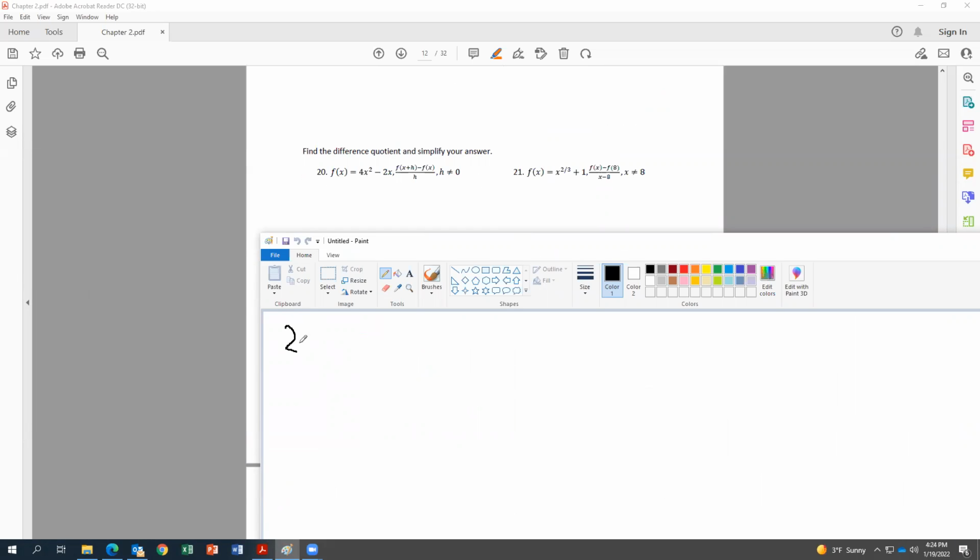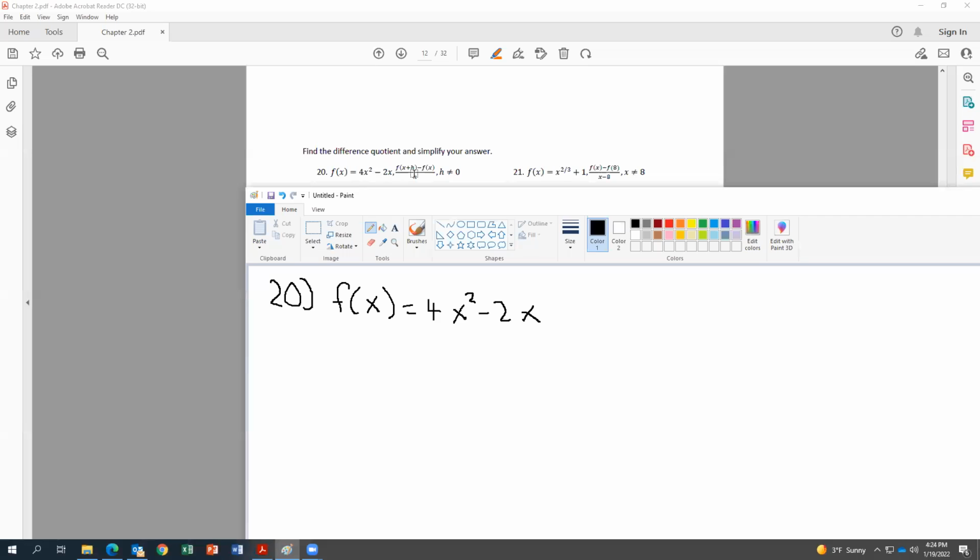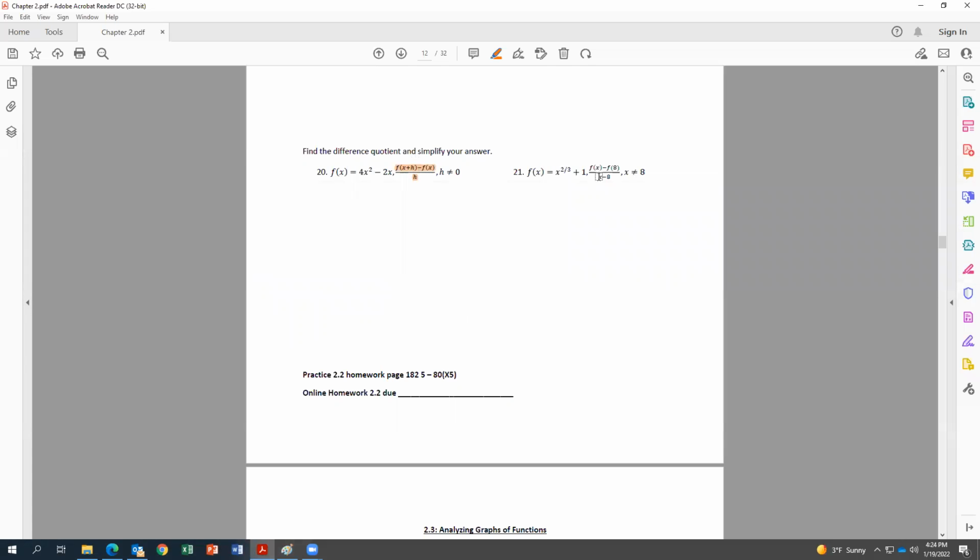So question 20. This is called the difference quotient. It's given that f of x is 4x squared minus 2x. Pay attention here. You need to find the difference quotient for this case. Again, I provide you the formula, so you do not need to memorize it.